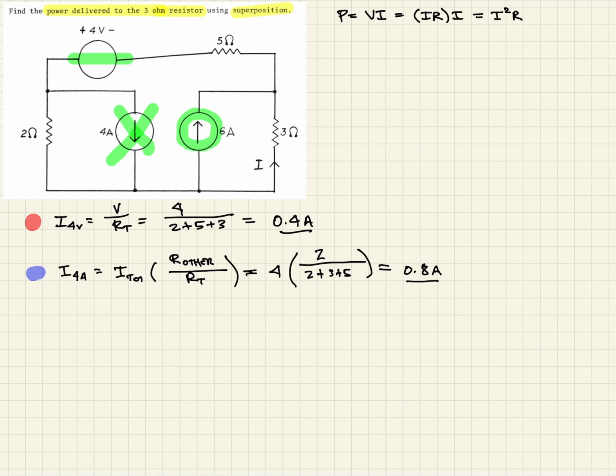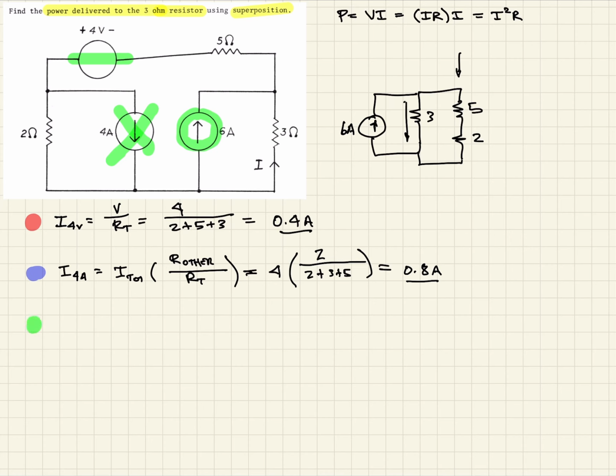If we redraw this, we'll have our 6 amp source in parallel with the 3 ohm resistor, and then that's in parallel with the 5 and the 2 ohm resistor. Since we're interested in the 3 ohm resistor, this is the branch we're interested in, so this would be the other branch that we'll use in the numerator of our current division equation.